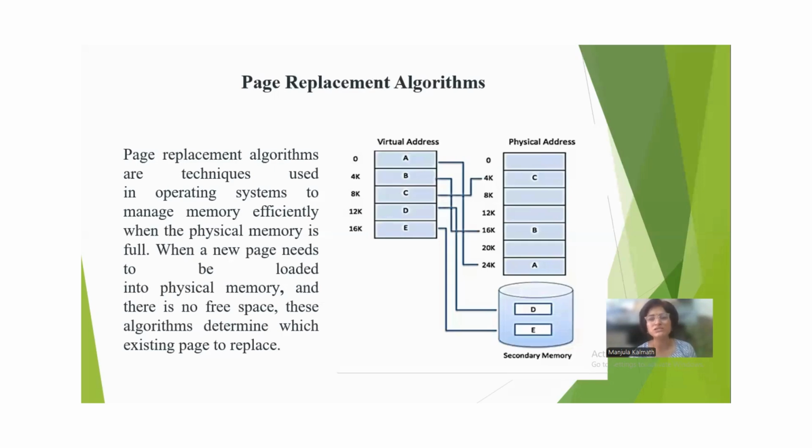And when all the pages needed for execution are available in the main memory, it is called locality of reference. This is the locality of reference, meaning in the local area itself, it has all the pages for the execution. How the operating system decides the replacement of the page as well as the frame, we can discuss in terms of the algorithms here.